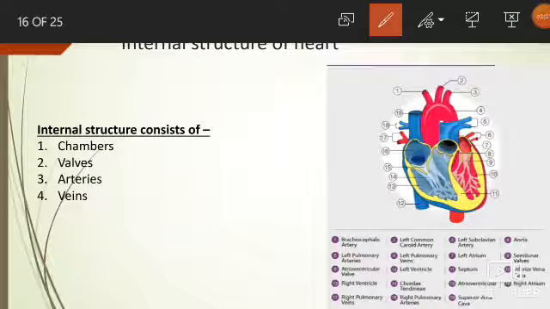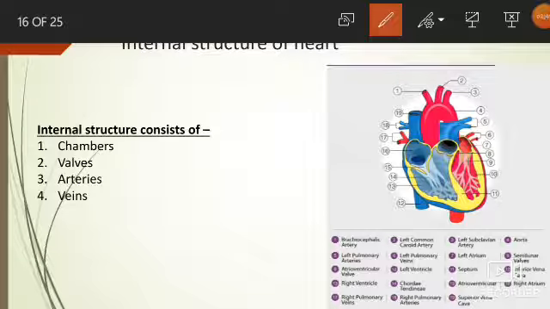Similarly, the right atrium and right ventricle are separated from each other, and the left atrium and left ventricle are separated from each other. So the septum present in between the right atrium and right ventricle is named the atrioventricular septum, because the septum is present in between the atrium and ventricle.